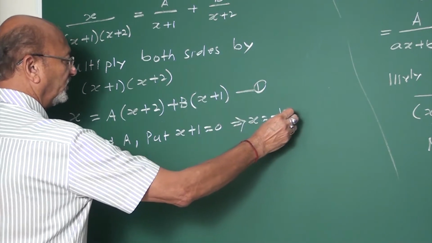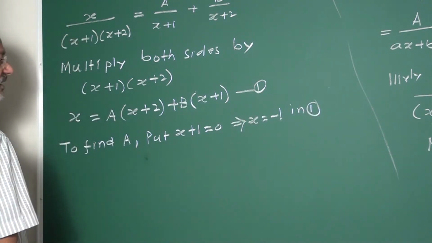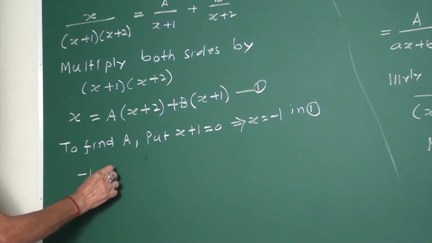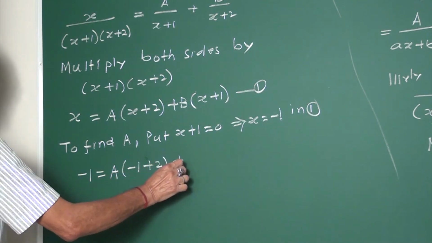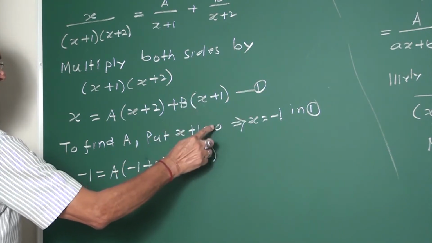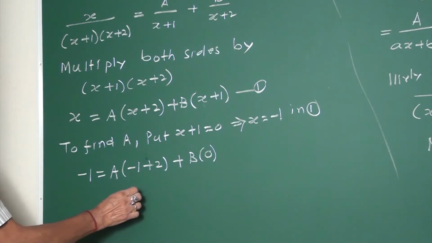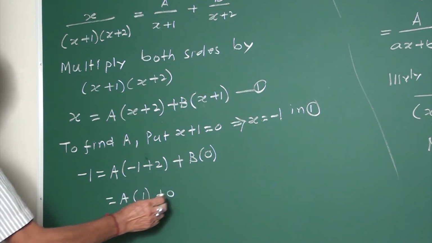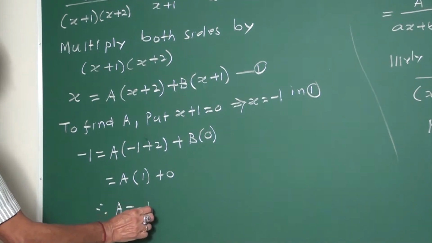Putting x as minus 1: A into minus 1 plus 2, plus B into 0, since you have taken this equal to 0. Simplify it: A into minus 1 plus 2 is 1, and this is 0. Therefore, what is the value of A? A is minus 1.